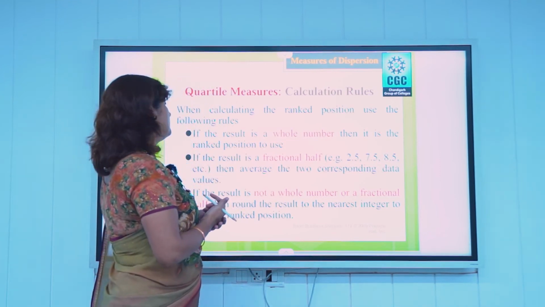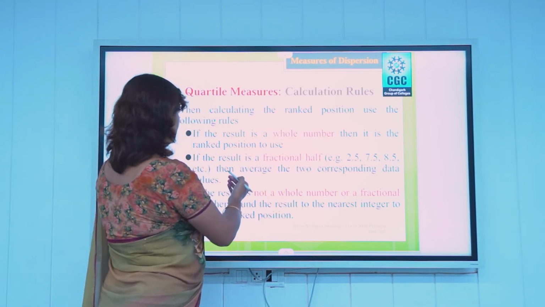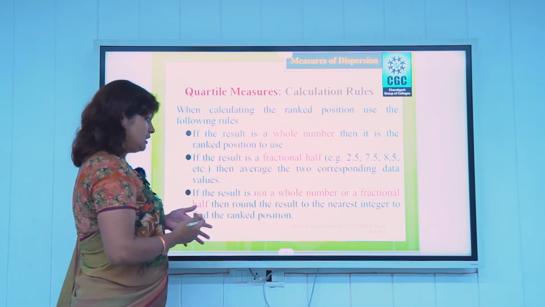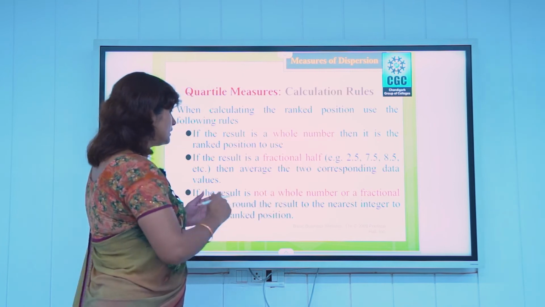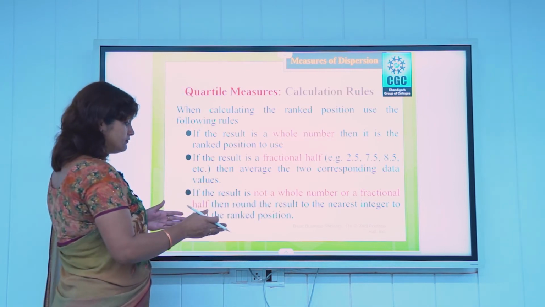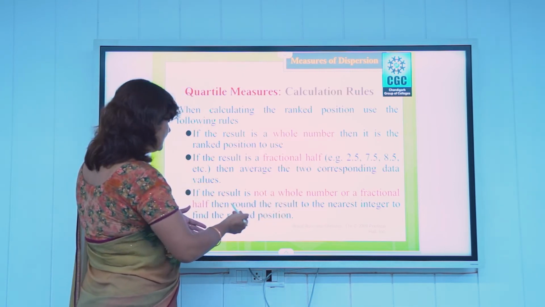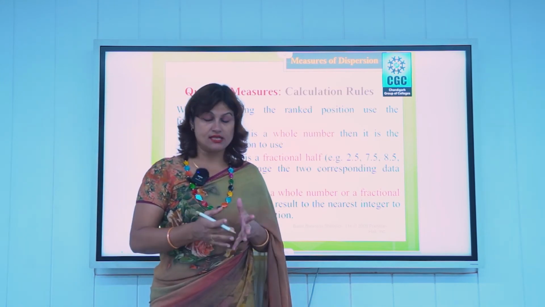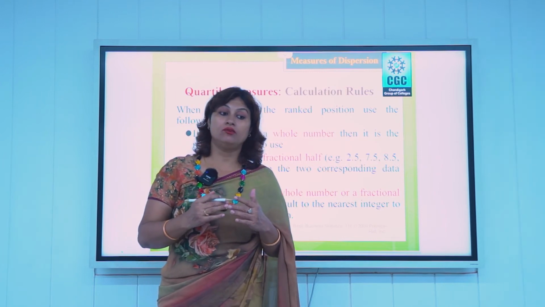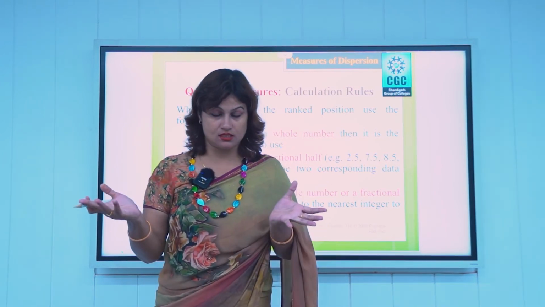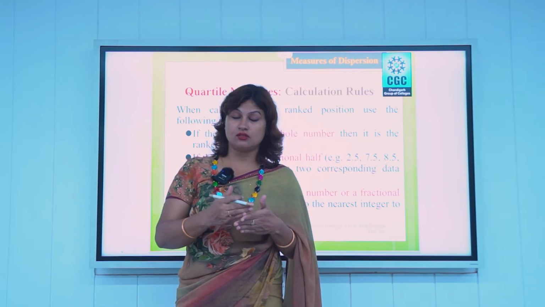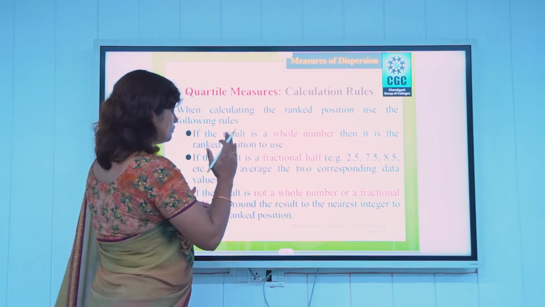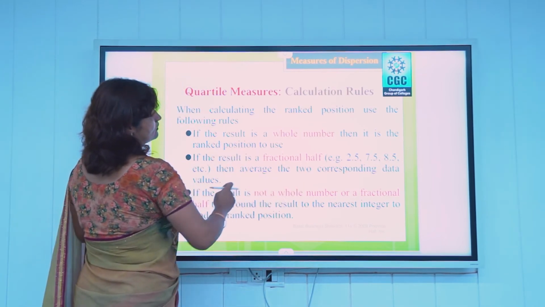But if it is a fractional half, then the average of the two corresponding data values is to be taken. And in a case when it is not a whole number or a fractional half, then round the result to the nearest integer to find the ranked position. So these are the concepts we come across when we take different kinds of data sets, where we come across some fractional, some whole numbers, and then we decide what sort of rule will be applied.